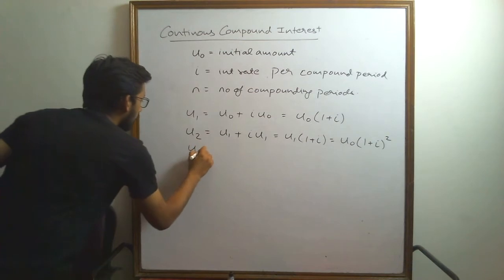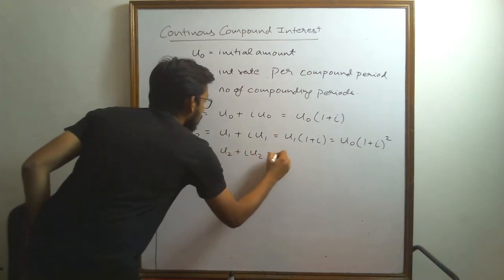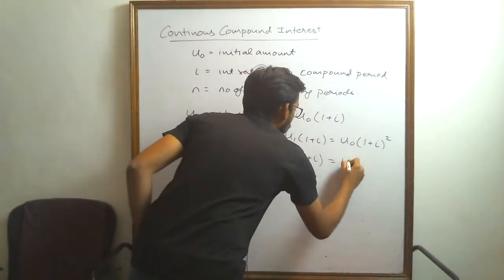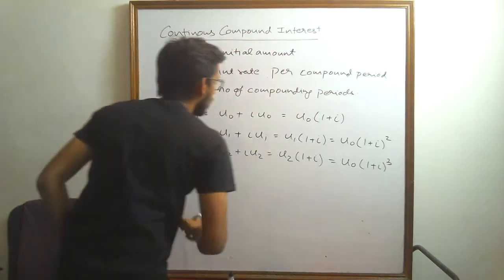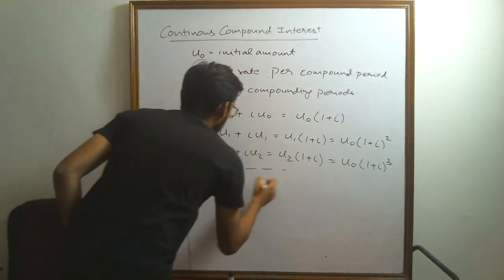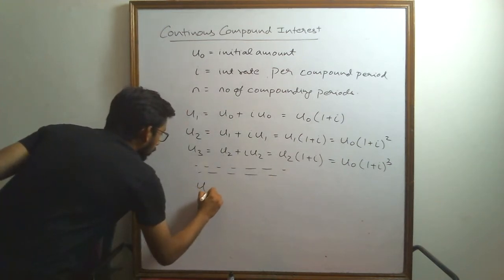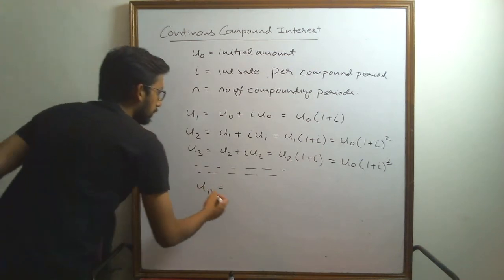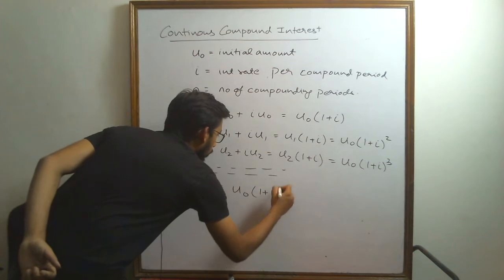After the third compounding period, this will be equal to U2 plus I U2, which is equal to U2 into 1 plus I, which is equal to U naught into (1 plus I) to the power 3. So looking at this pattern, we can see that the amount we will have after n periods will be equal to U naught into (1 plus I) to the power n.